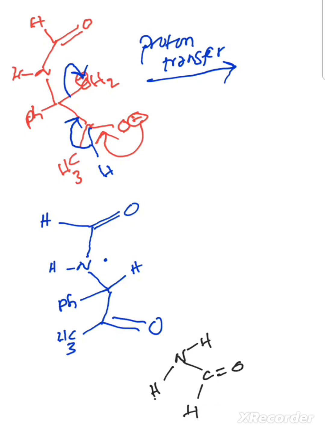Then we have hydrogen. So these lone pair of electrons are the one that will come and react on the carbon there, making this one to open like that. Okay.